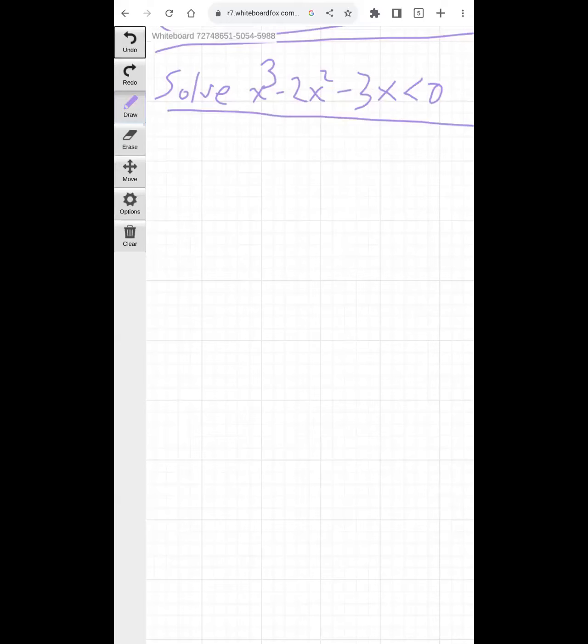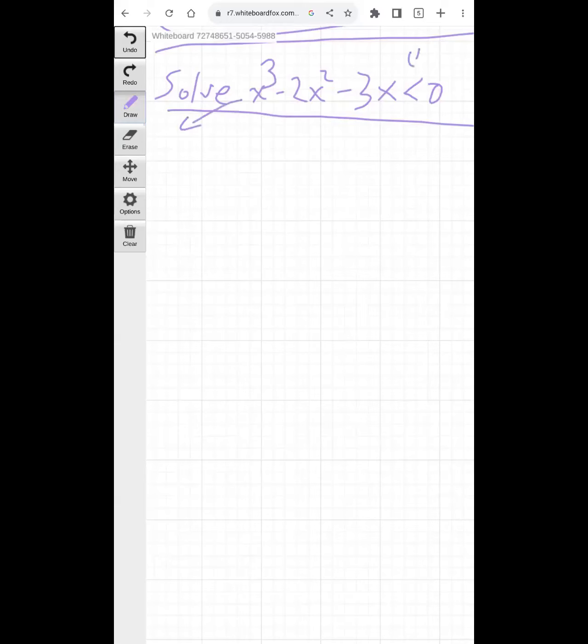The first thing we have to do is find the roots or zeros of the inequality, which we can do by factoring. You treat it as if it were an equation, but you maintain the less than sign.